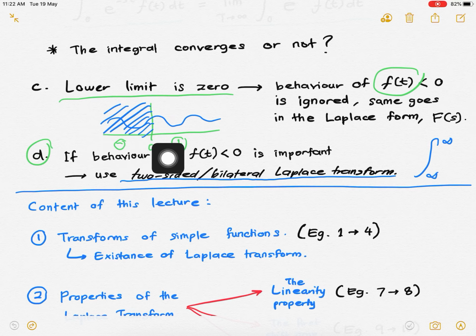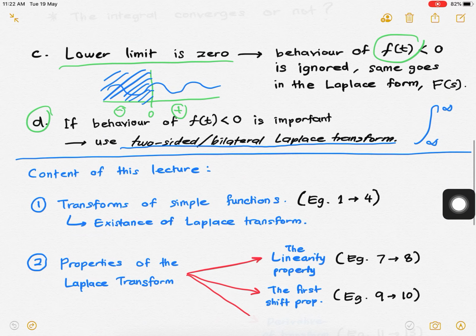Usually time doesn't have negative values, we don't consider negative time, so we just consider the positive side only. Same goes for when we transform it, we ignore the negative part. Okay. So actually not always negative, it can be any value based on the function that we use.